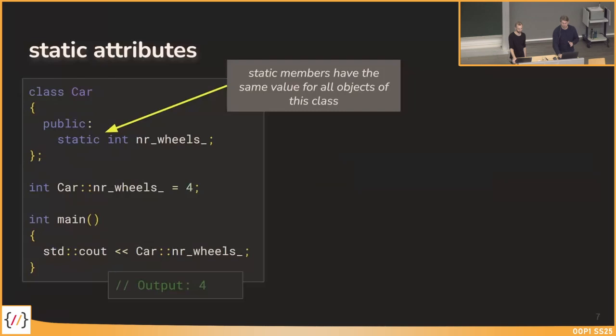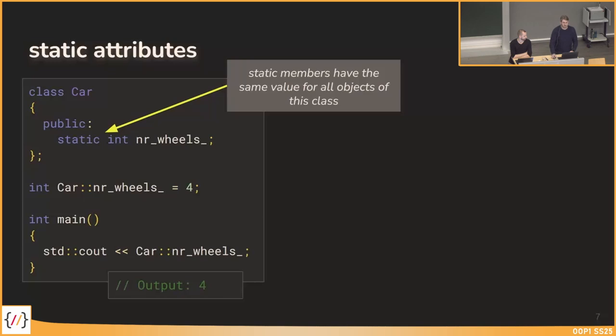Static is, like const, just a keyword, but if we use this keyword static, for instance, for member variables, it will have a different behavior than member variables without the static keyword. If we define a member variable with the static keyword, this means that all the objects will have the same value for this particular static member variable.